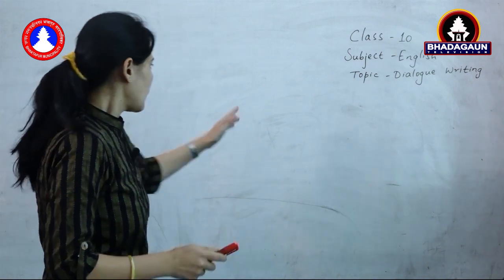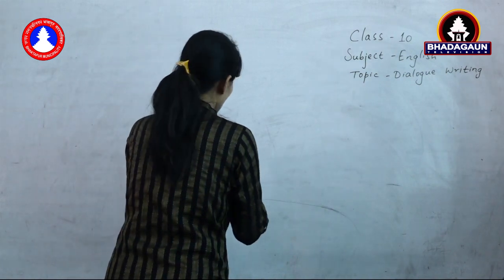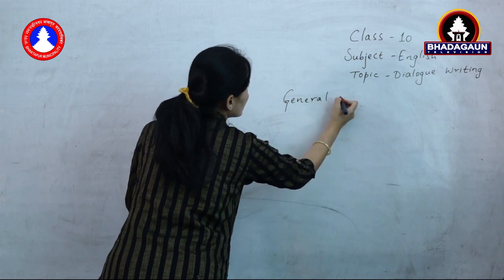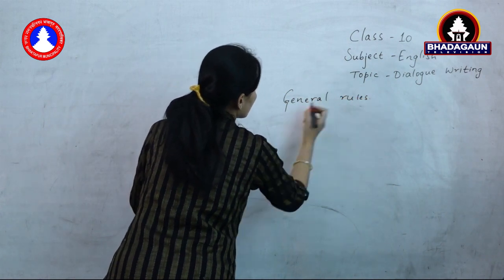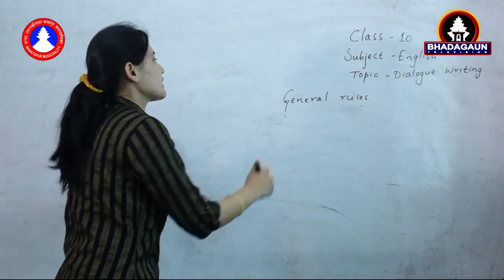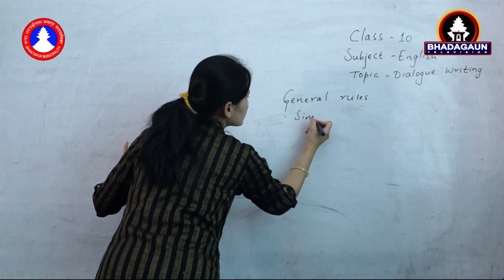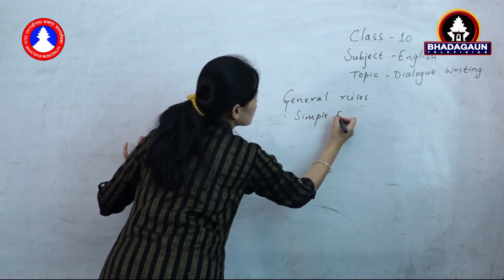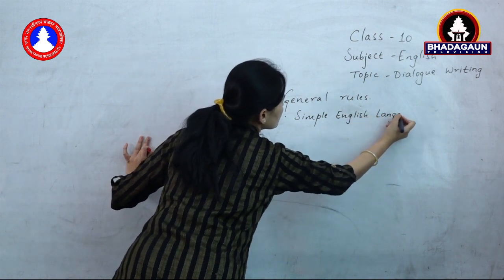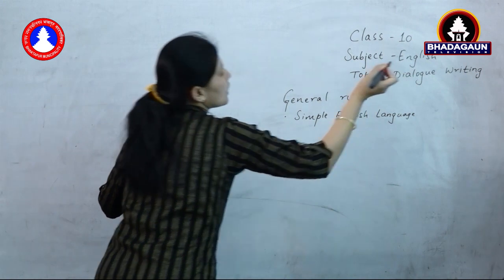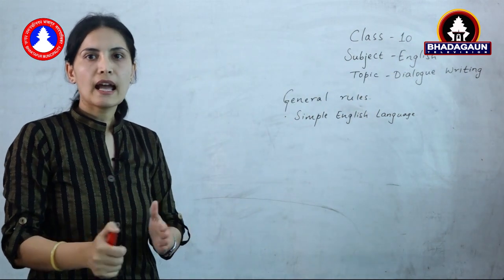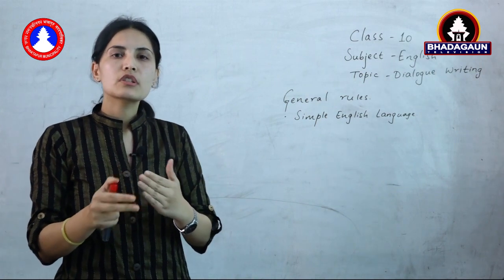I'll write some of them here. First of all, I'm talking about general rules. Number 1 is simple English. We are writing dialogue for 6 marks and you are given a situation, and the situation is of our daily life.